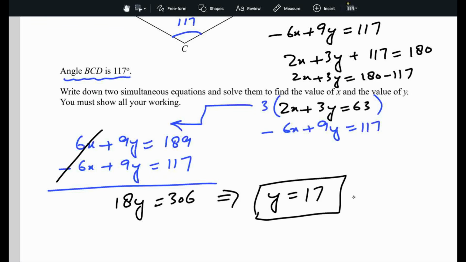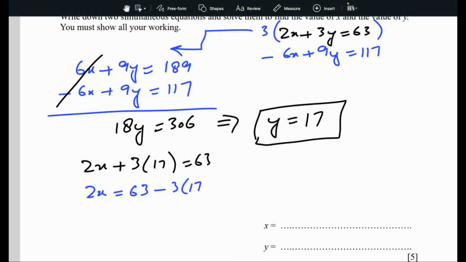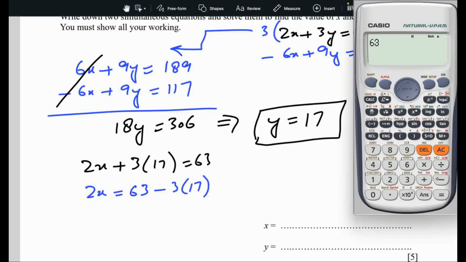Similarly, we can easily find x. You can just put y in any of the equations and you will get x. So 3 into 17 is 51. Just rearrange it: 2x is equal to 63 minus 3 into 17.